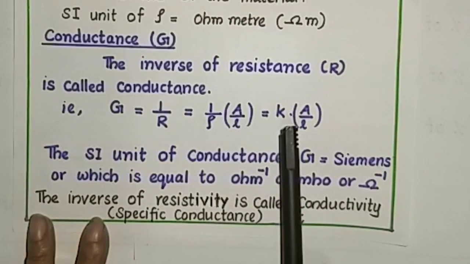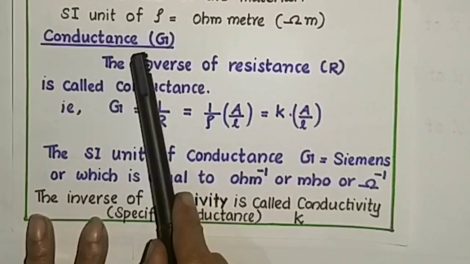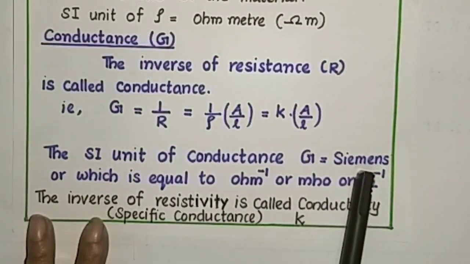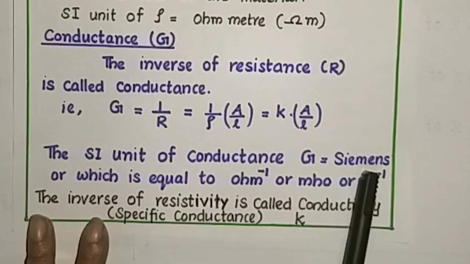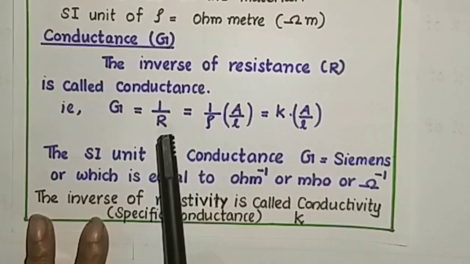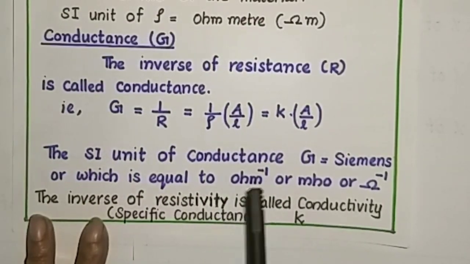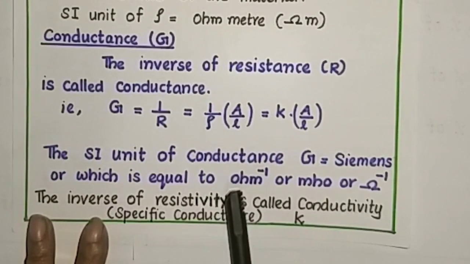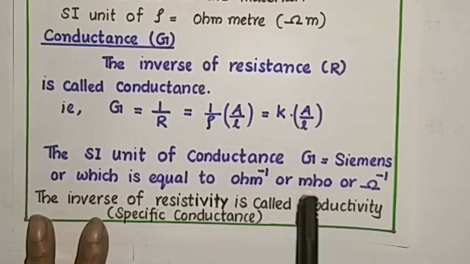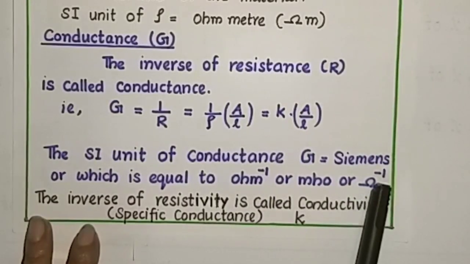The SI unit of conductance is Siemens, indicated by the letter S, or ohm inverse, also written as mho.